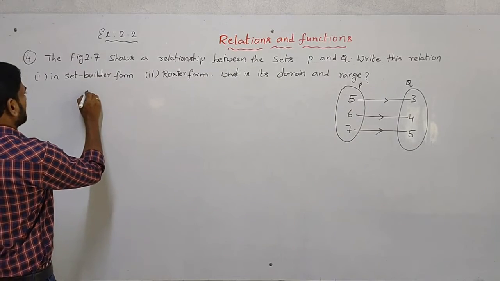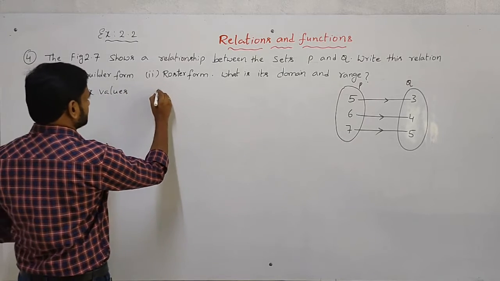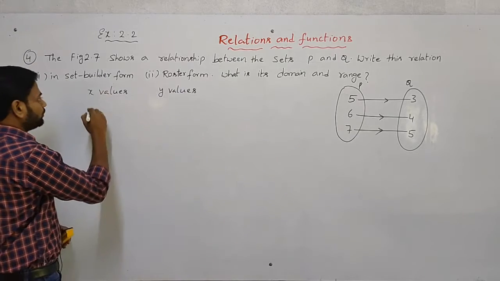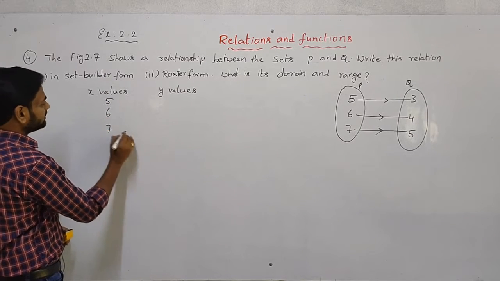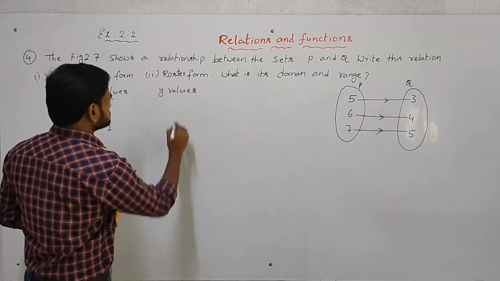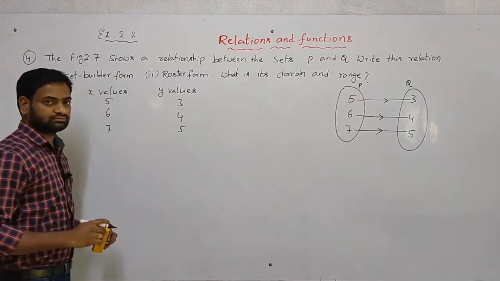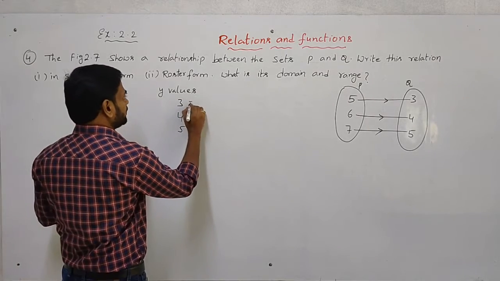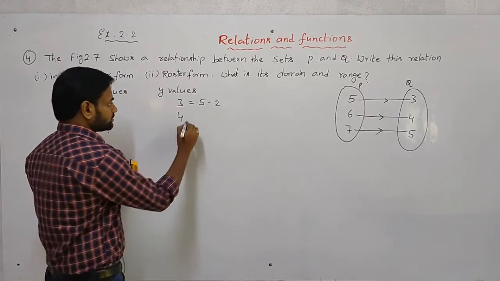So here I am writing x values, and next y values. What are the x values? 5, 6, 7. What are the y values? 3, 4, 5. If you observe, this 3 we can write as 5 minus 2, in the same format.